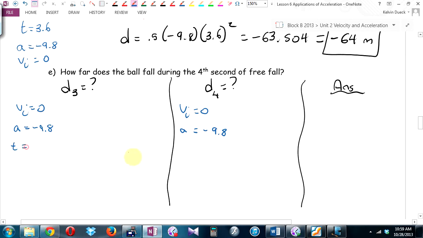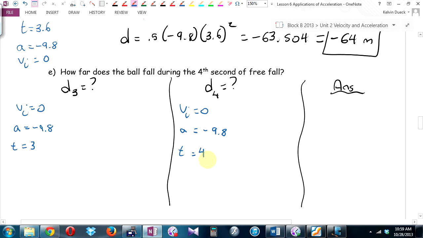And I do know time for both of them, except it's going to be a different value for each. What's t for distance number 3? 3 seconds. That's why I called it D3. What's t for distance number 4? 4 seconds. That's why I called it D4.